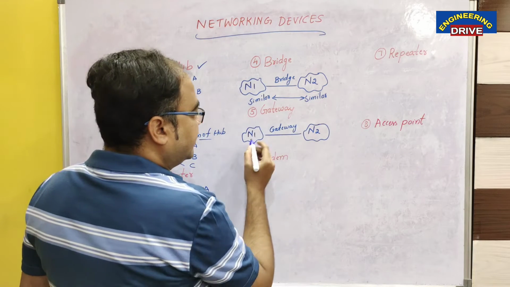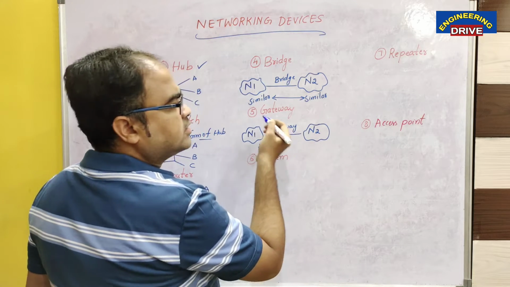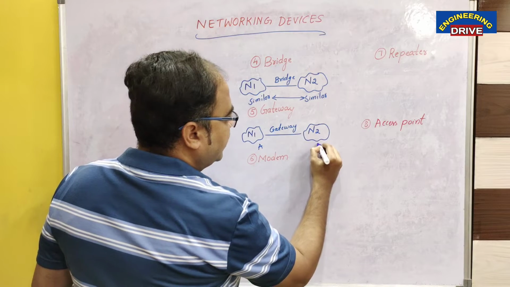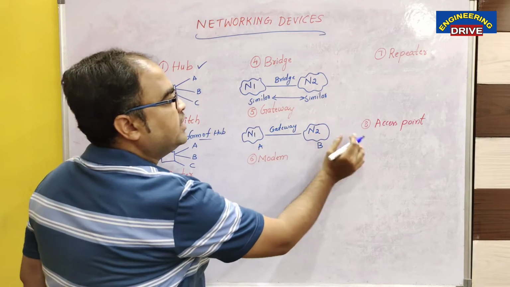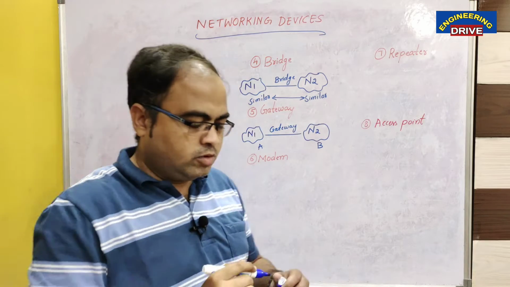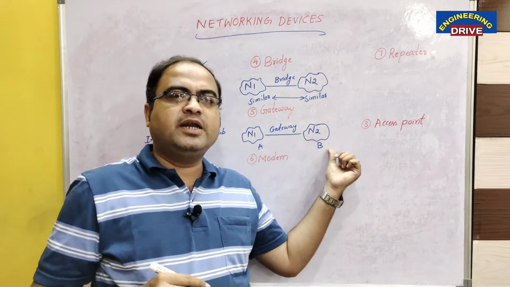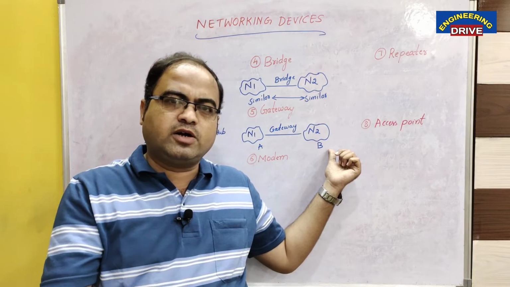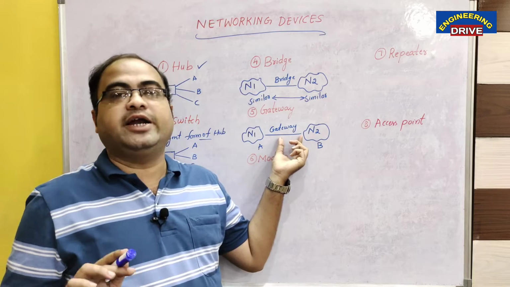But the difference here is the network N1 can be something like A and N2 can be something like B, which means A will be a different network, B is a different network. We don't know. A may be using different hardware configuration, B network will be using some different hardware configuration, even though they can be connected with each other by using gateway.